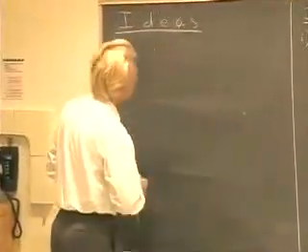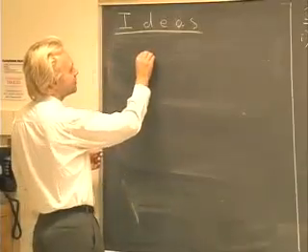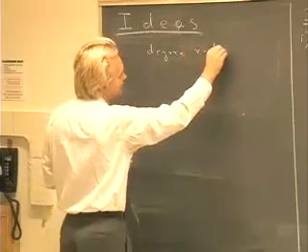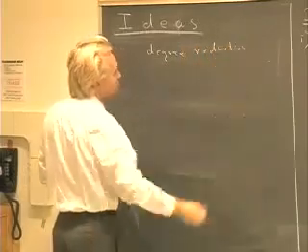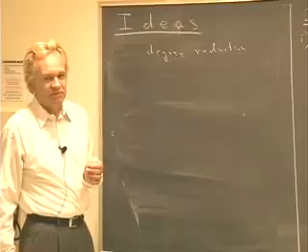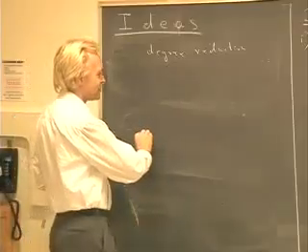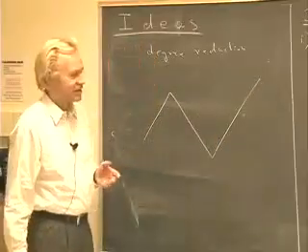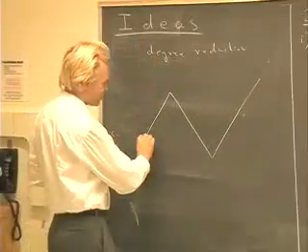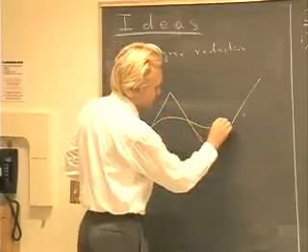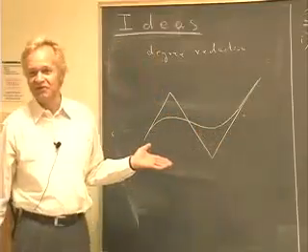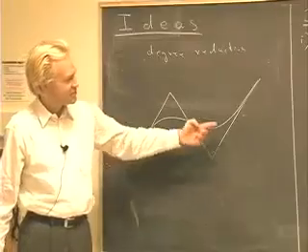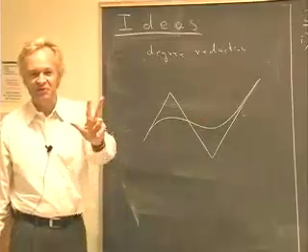Okay. So now we go to degree reduction. Let me start with a cubic curve. So a polygon like that. Okay, so the curve, when you draw it, would look somewhat like this. You believe me? And now I say, instead of using 4 control points, I would like to use 3 control points.